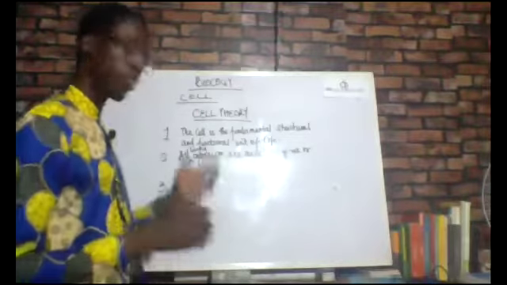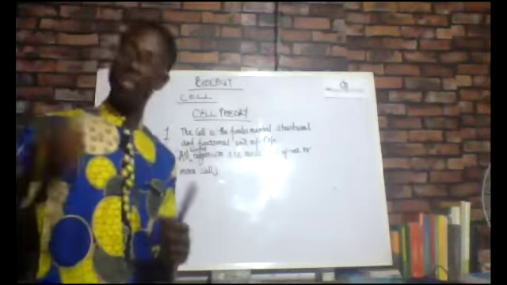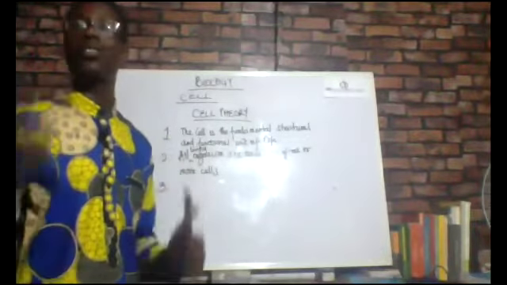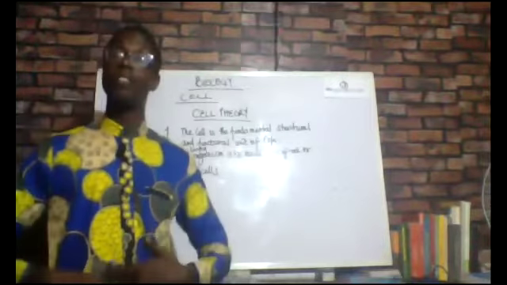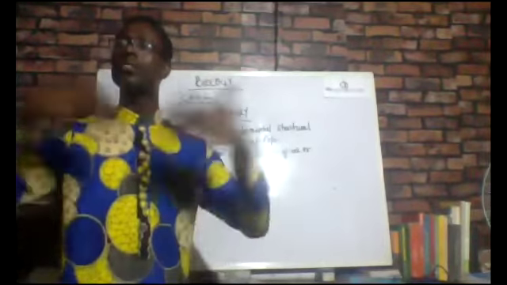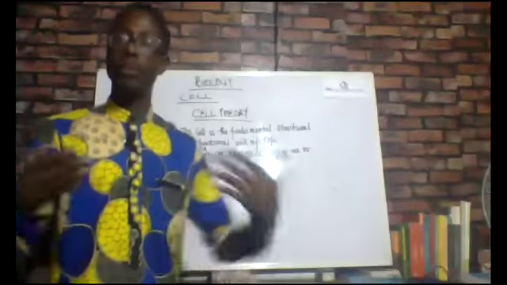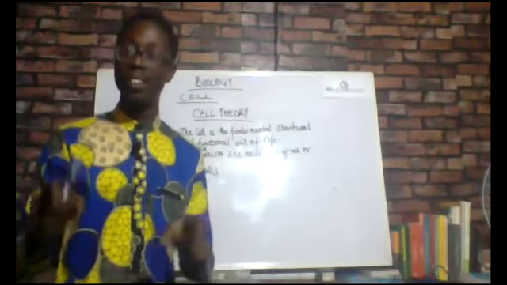Now the third and last theory states that all cells arise from pre-existing cells through cellular division. So how do we continue to have cells? It is a result of pre-existing cells reproducing to form more cells through the process called cell division.